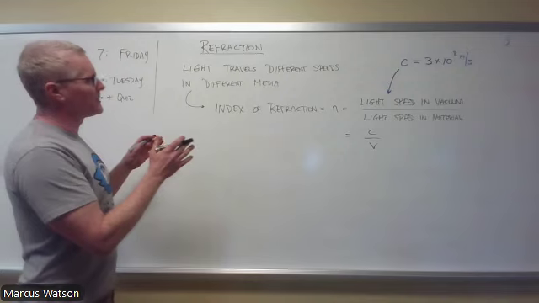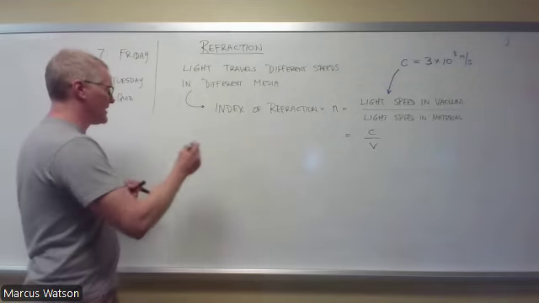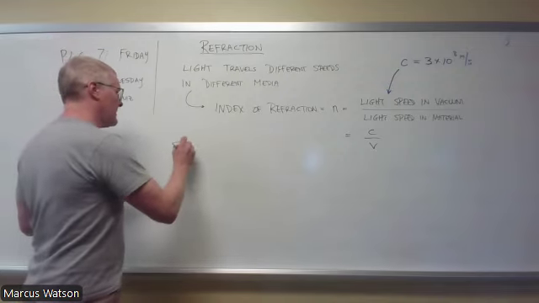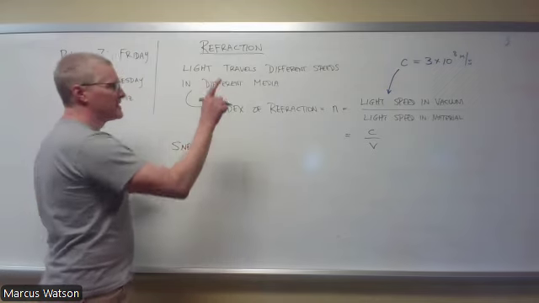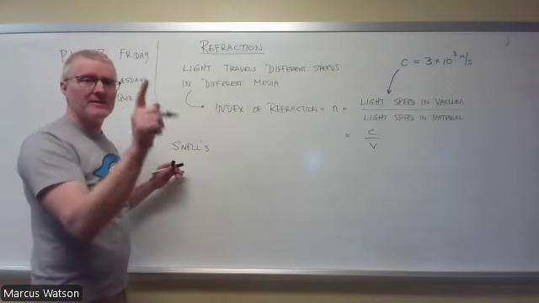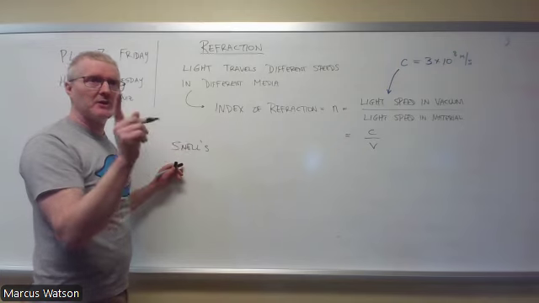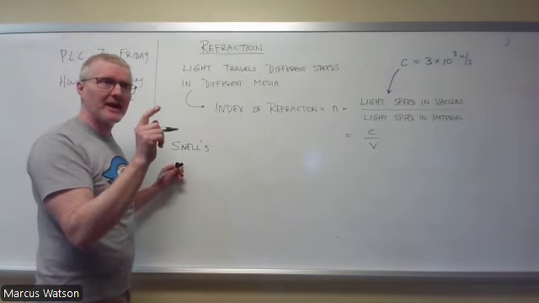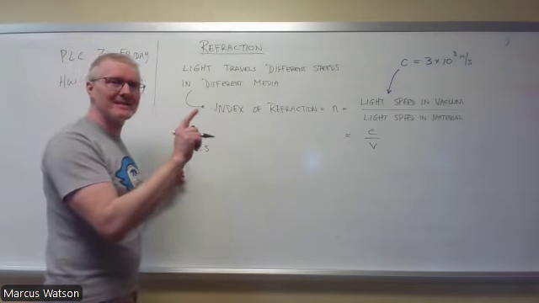So what we're going to do is look at Snell's law here, which involves the index in the material in which light is arriving and the index in the material which it is leaving.